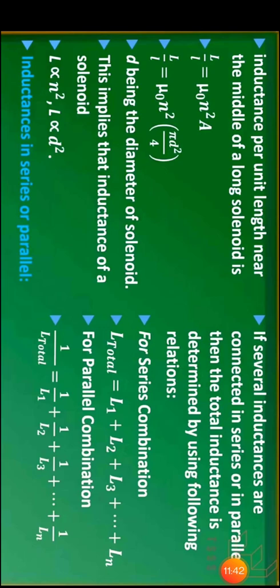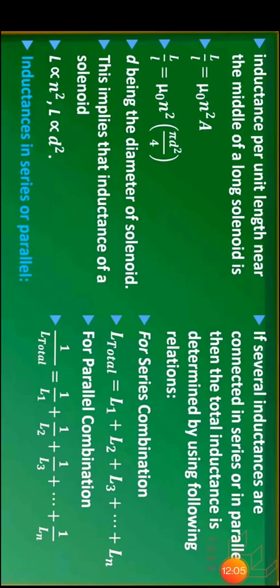The inductance per unit length near the middle of the long solenoid is L upon small l is equal to mu 0 n square into A. Then capital L upon small l is equal to mu 0 n square.